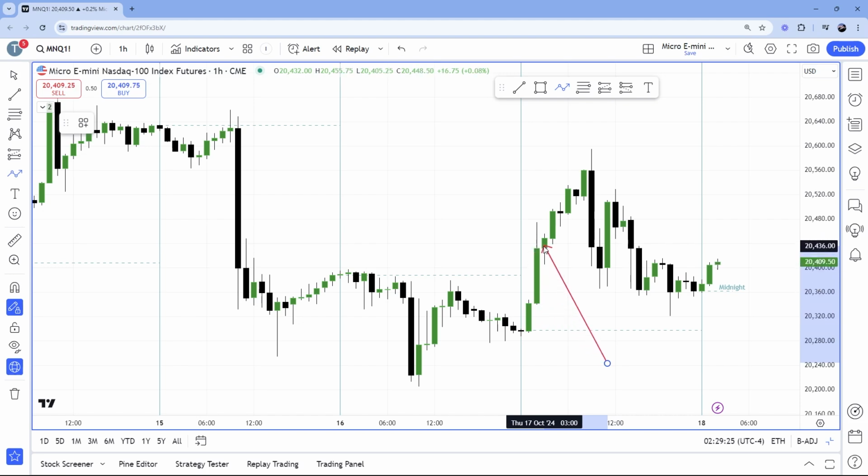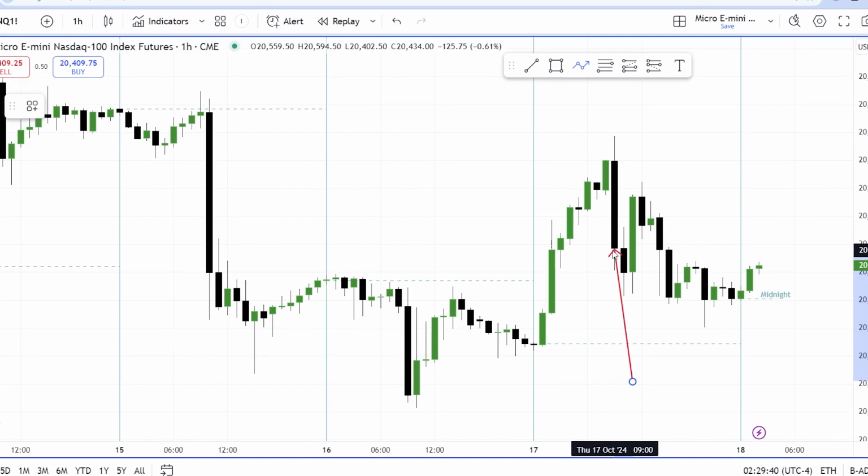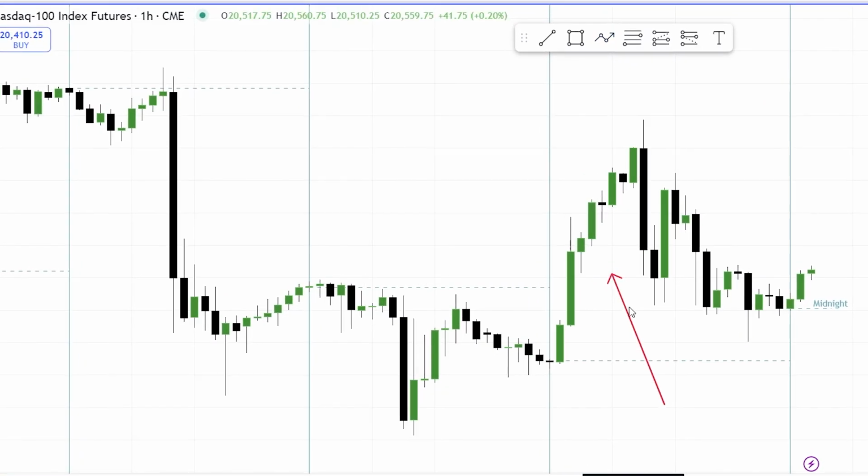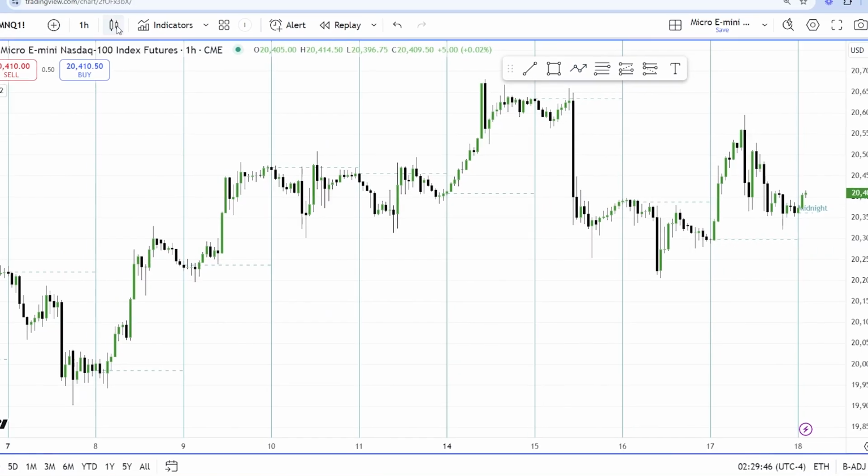Bullish candle, bullish candle, bullish candle, bullish candle. But over here at 7 a.m. the price has slightly come down. Bearish candle. 8 a.m. price has gone up. Bullish candle. 9 a.m. the price has moved down. Bearish candle.